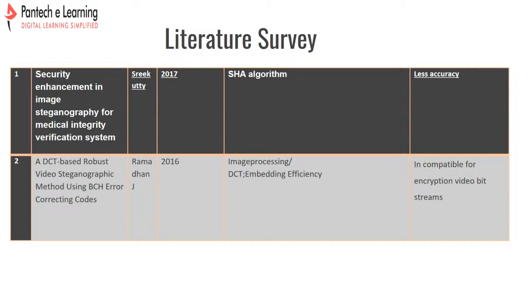The SHA algorithm provided less accuracy, whereas with DCT the encryption of video streams was a little bit higher. Generally nowadays, whenever we see watermarking or such functions, it comes under these security reasons, because in order to not steal their videos they provide the watermark. In this way the security is also enabled.